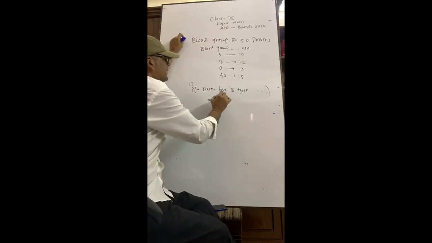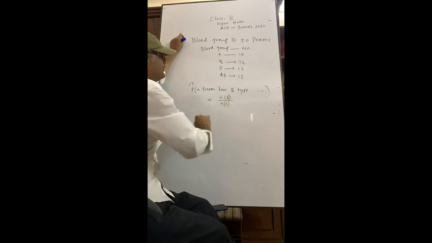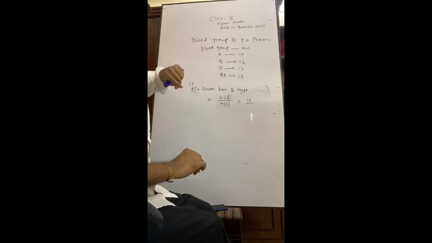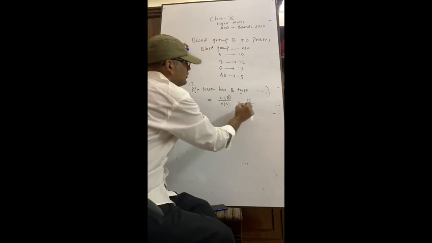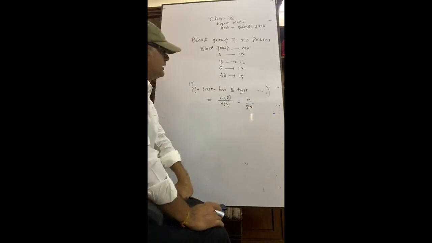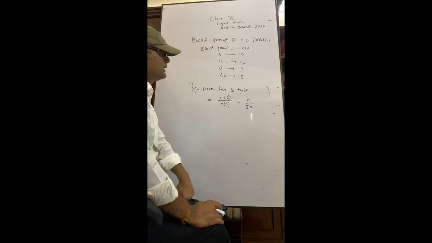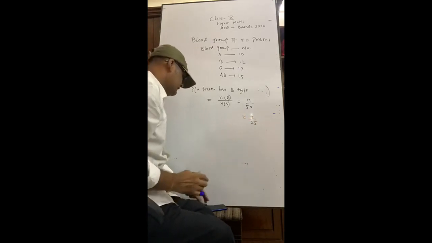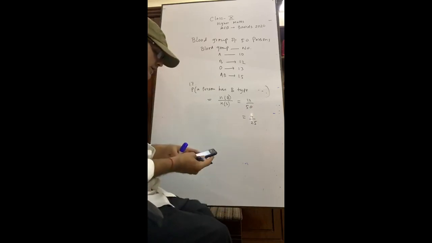That means n of B by n of S. B is 12. What is n of S? That means total number of persons equals to 50. So we can calculate the result as 6 by 25. It is the answer.